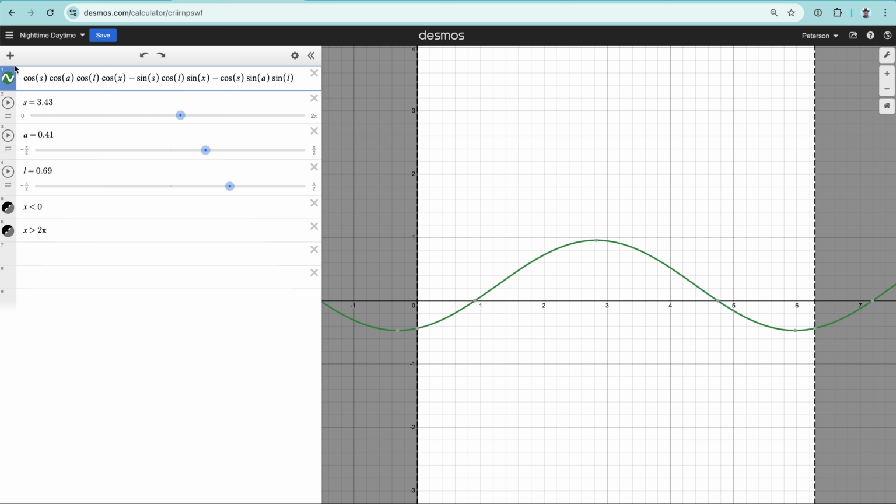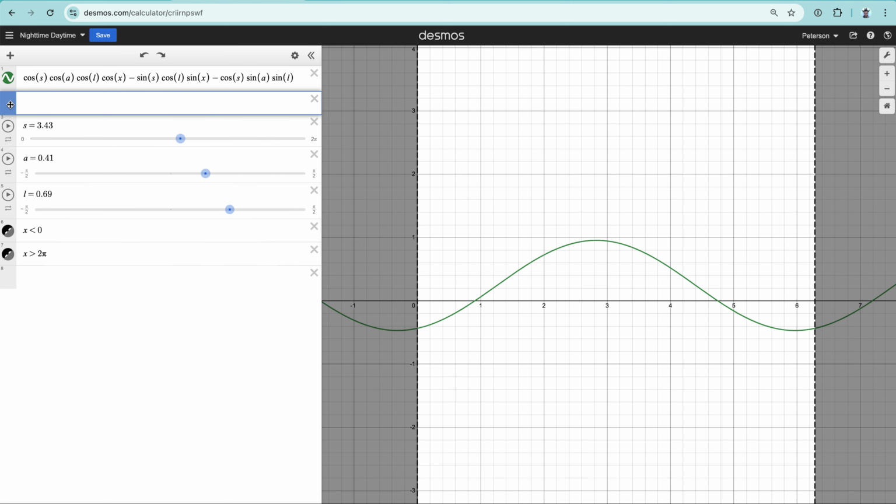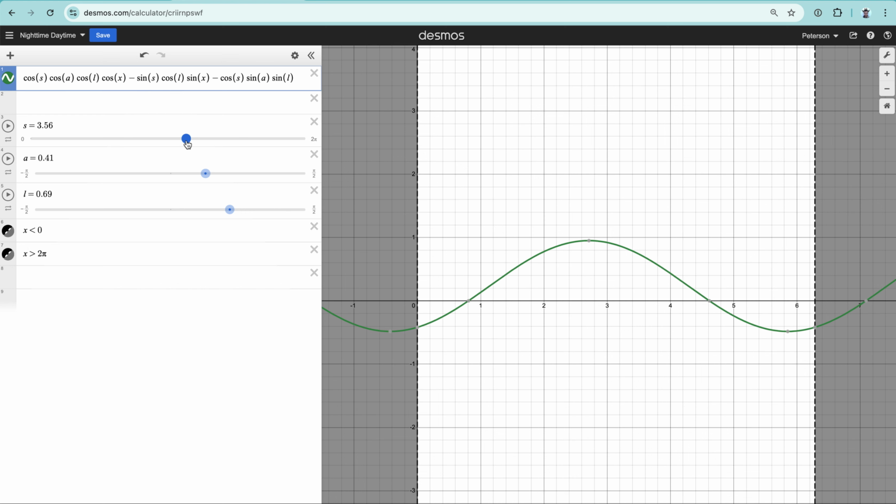Before I get started with that, I'm going to do some algebra using Desmos as a tool. As far as this function's concerned, x is the only variable. The other letters that you see are adjustable constants. They're adjustable with these sliders here.